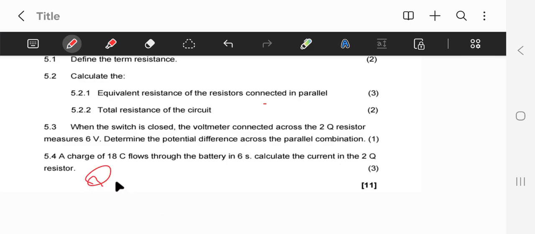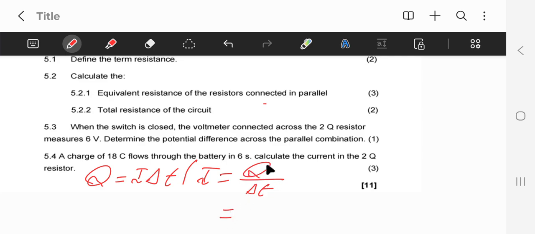You can either say Q is equal to I delta T, and the other one is I is equal to Q over delta T. Let's remember that Q is our charge, I is our current, and delta T is our time.